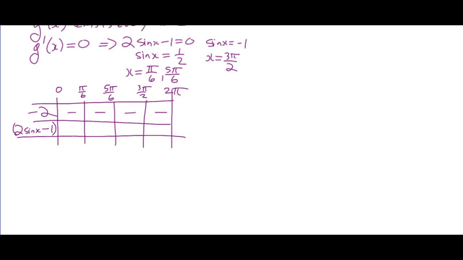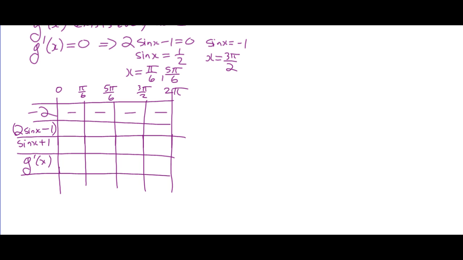And then we have a sine x plus 1. Which gives us the sign of g prime of x, which gives us information on g of x, which we will then write out, right, as to our intervals of increase and decrease.